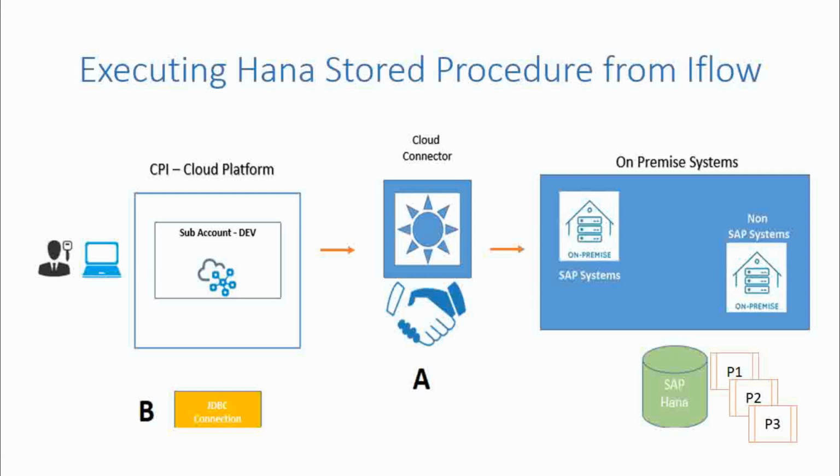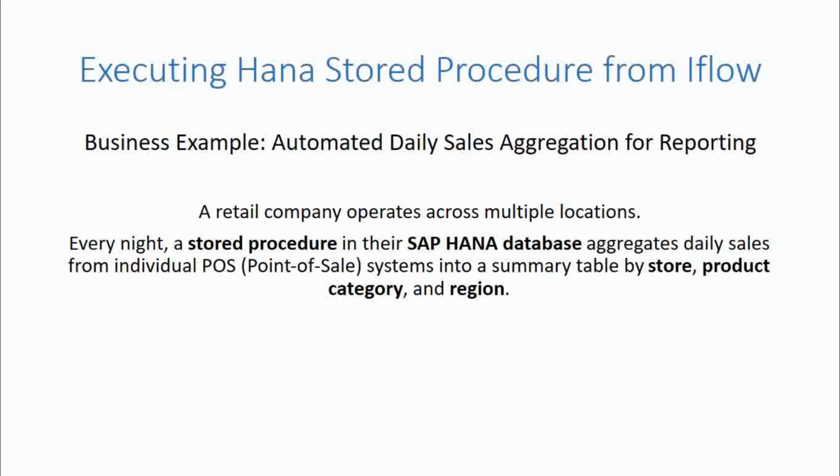Now let us see a small business scenario where this kind of stored procedure execution will be required. Let us take one small example, a retail company that operates across multiple locations. Every day and night, a stored procedure in the HANA database aggregates all the daily sales data received from the point of sale terminal.